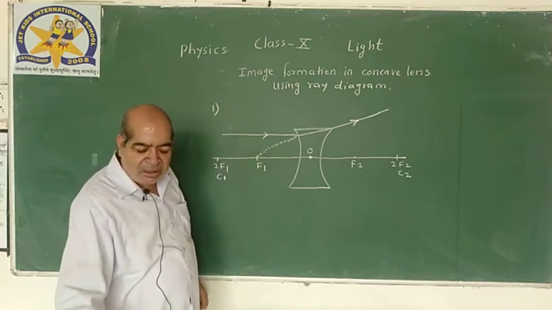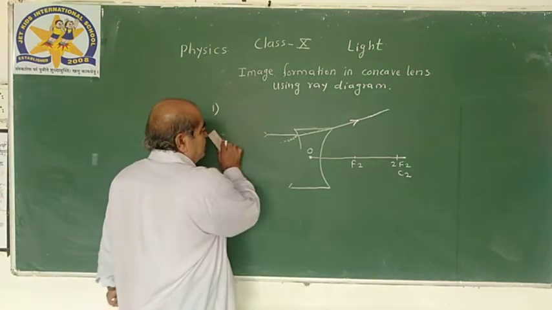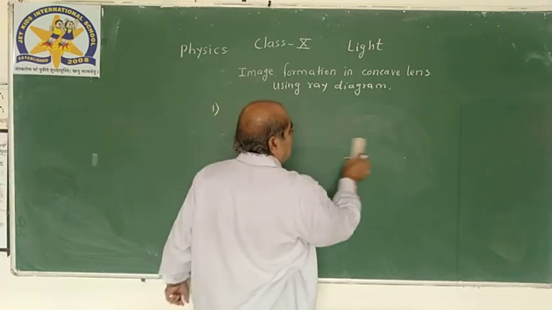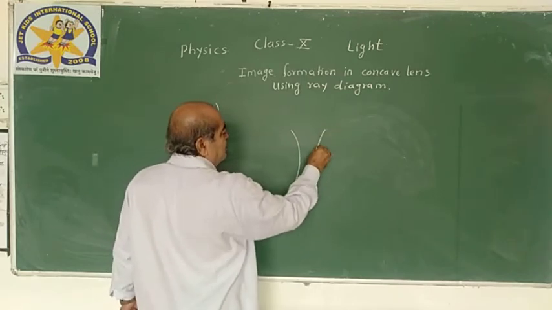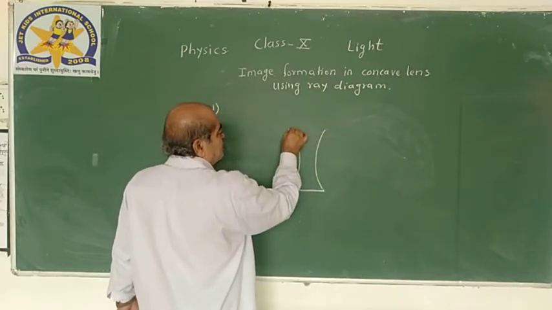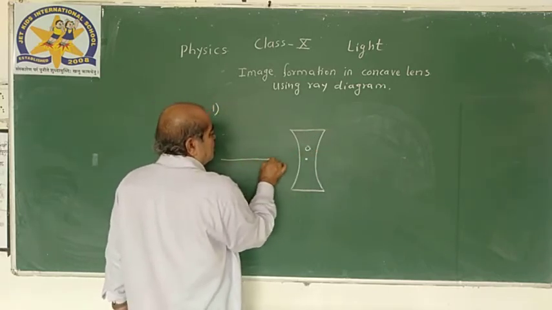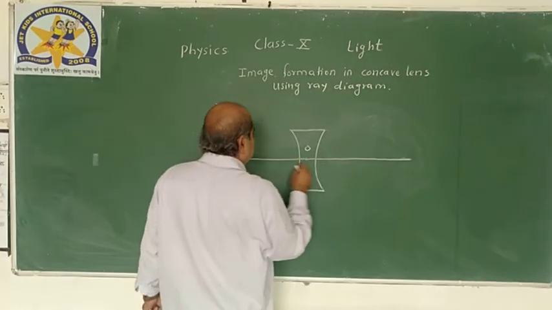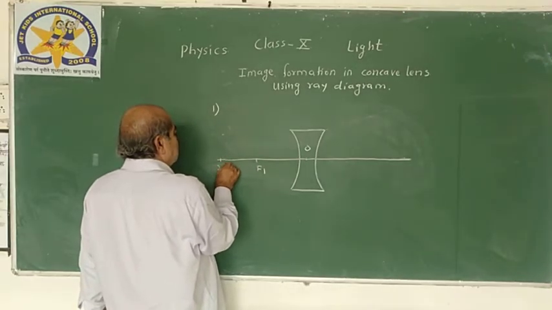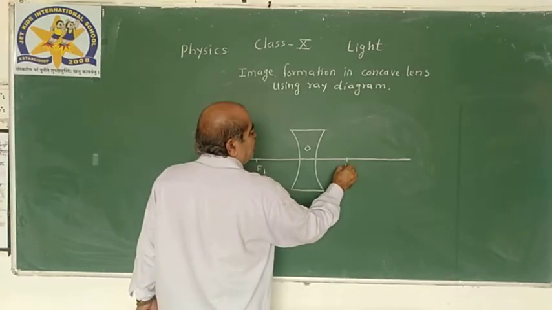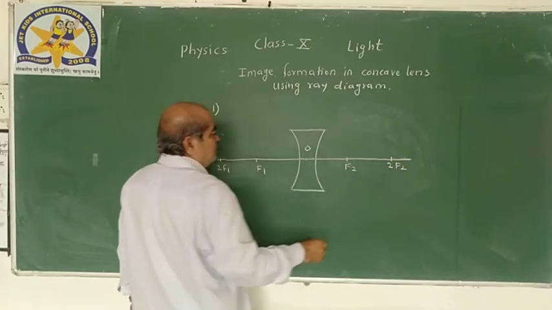Then the second rule is, when a ray of light, so this is the concave lens, O is the optical center, this is the principal axis, F1 is the first principal focus, F2 is the second principal focus and this is twice F2.